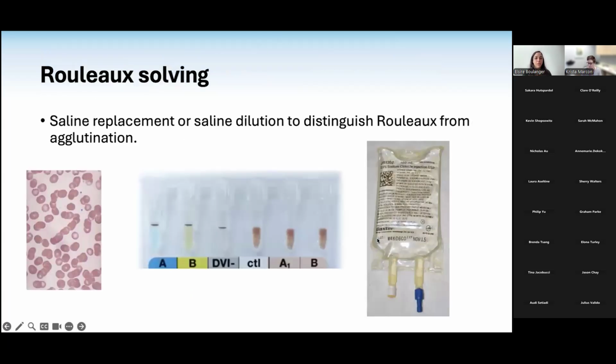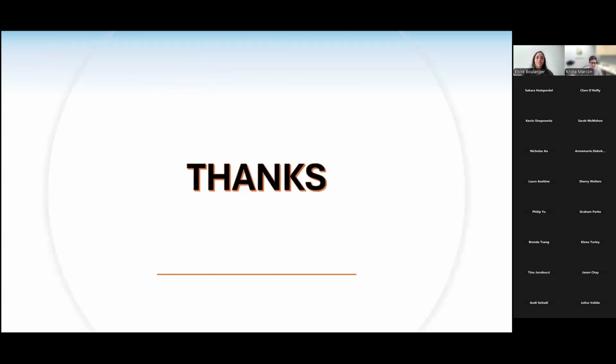If we have rouleaux, we will suspect this because the control will be abnormal, and the best way to solve it is saline replacement or saline dilution, which helps distinguish rouleaux from agglutination. Okay, thanks.